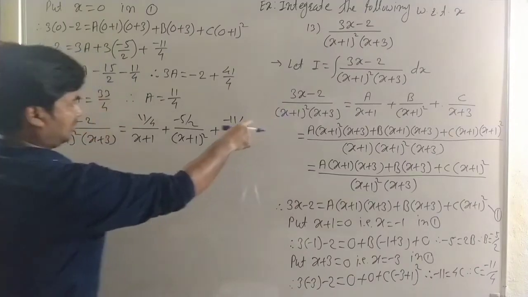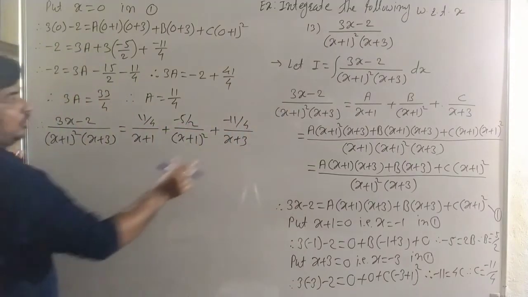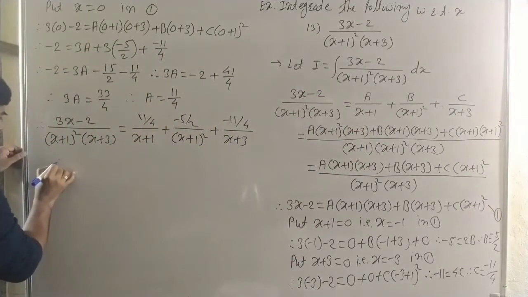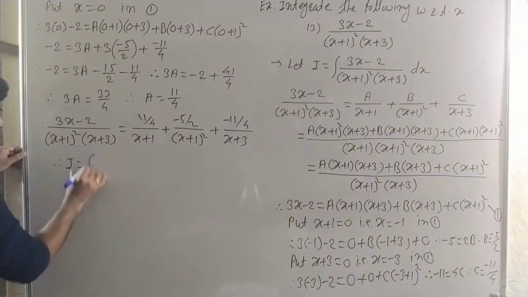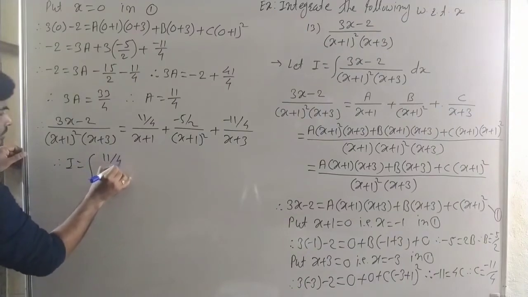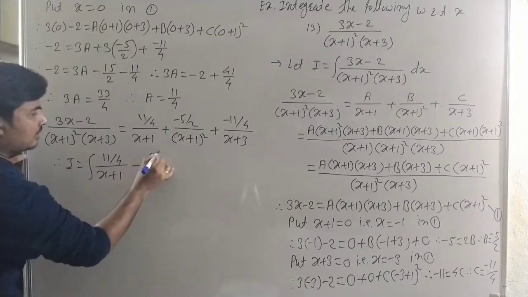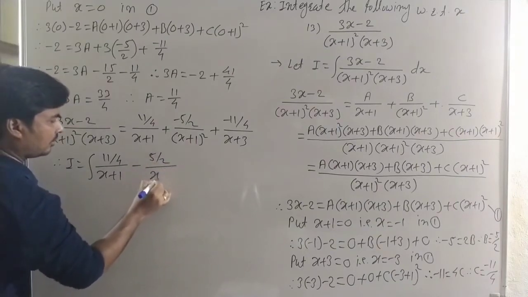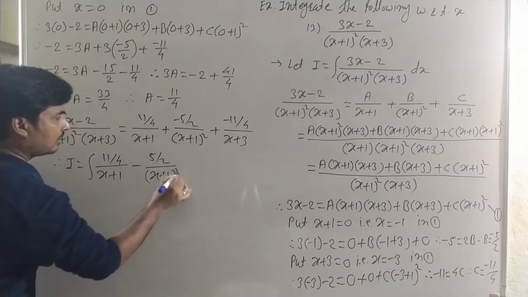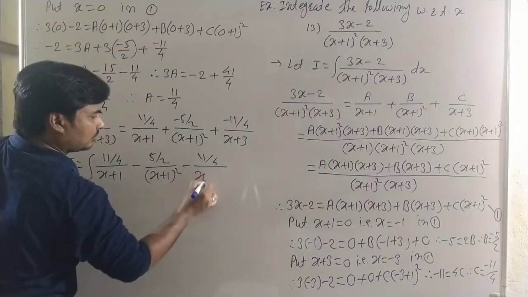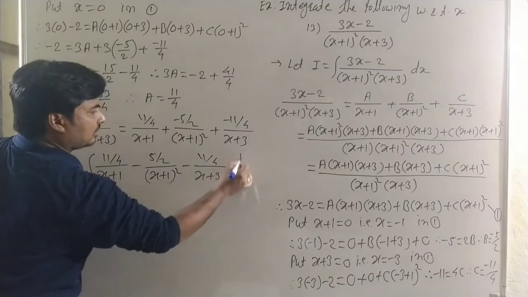Here put the value of a, b, c. Now to find the integral of this, we find the integral of 11 by 4 upon x plus 1 minus 5 by 2 upon x plus 1 square minus 11 by 4 upon x plus 3 dx.